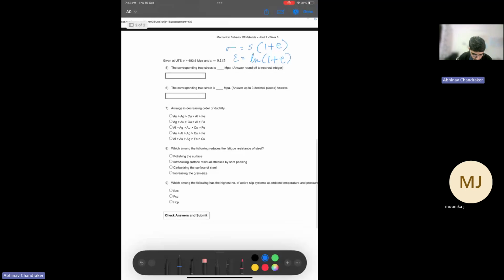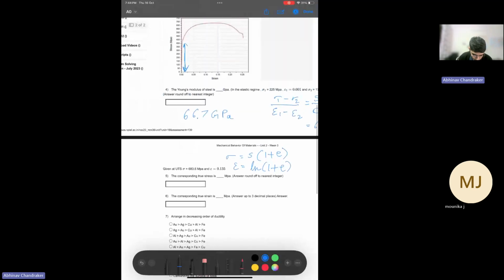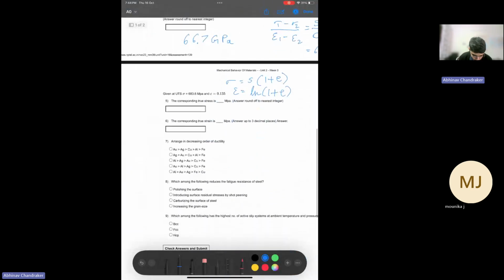So the corresponding true stress, if you follow this formula, I'll also put this in the solutions.